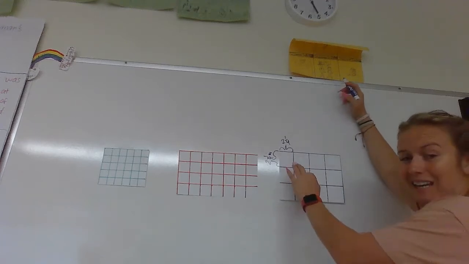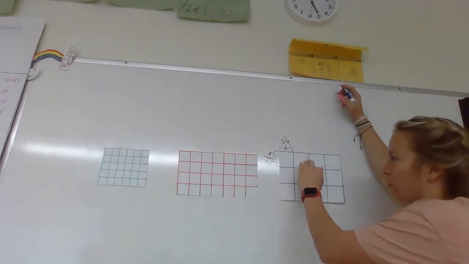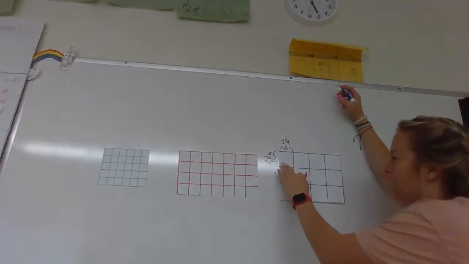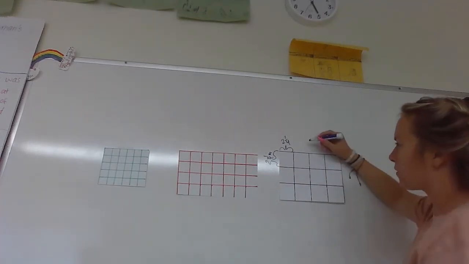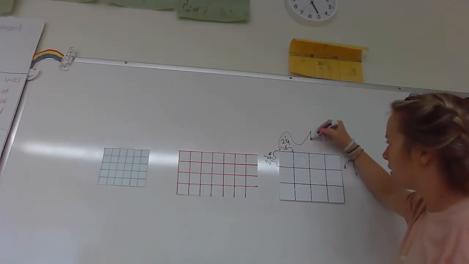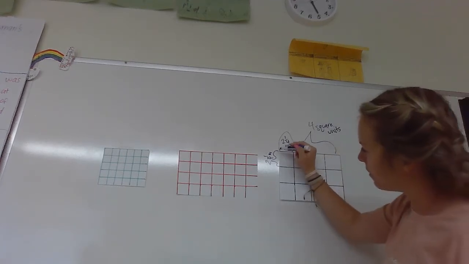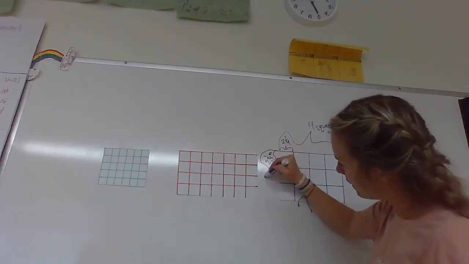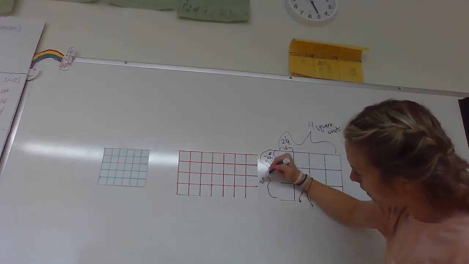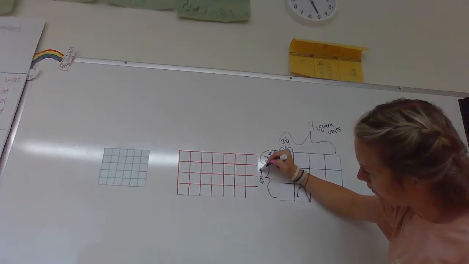We can see by the grid that each square unit, if we count them, there's 1, 2, 3, 4 for our length, so there's 4 square units on this one, and then for our width, it is 3 square units.